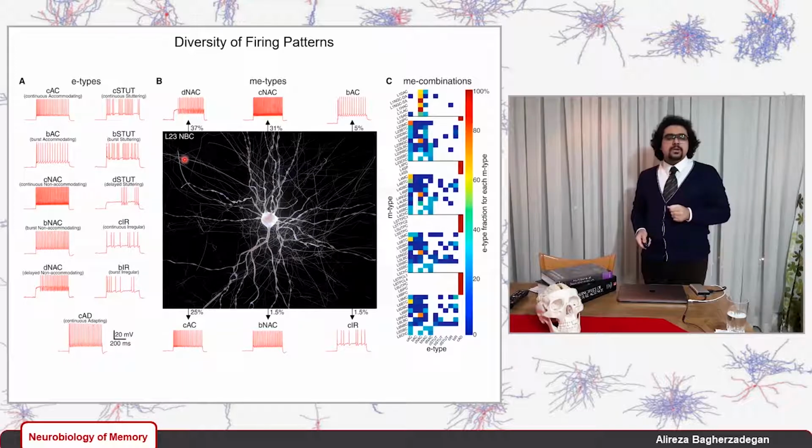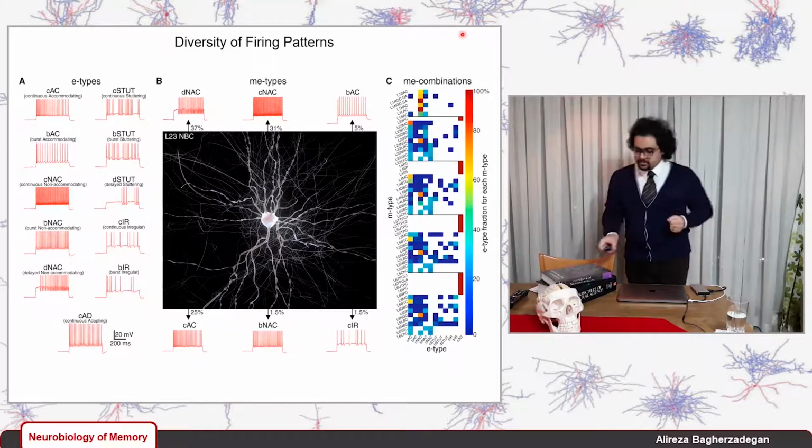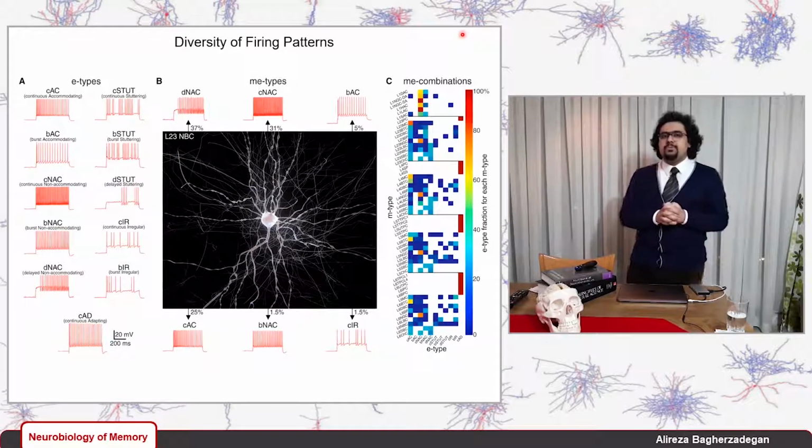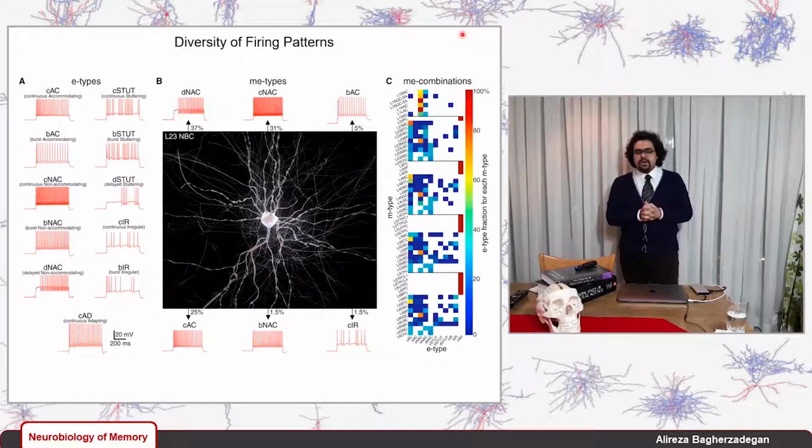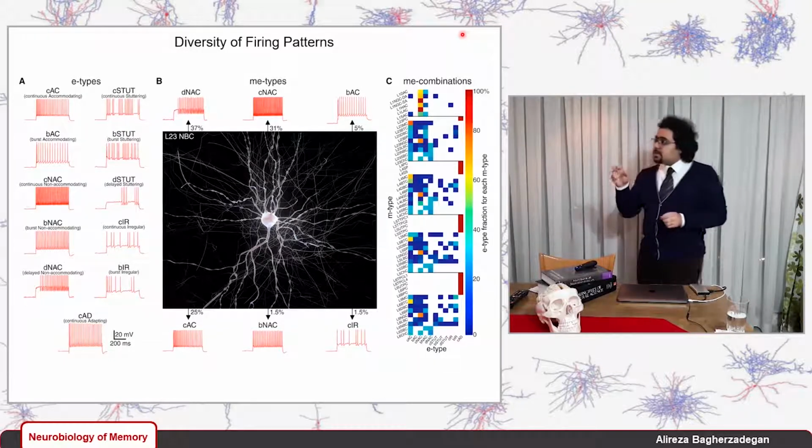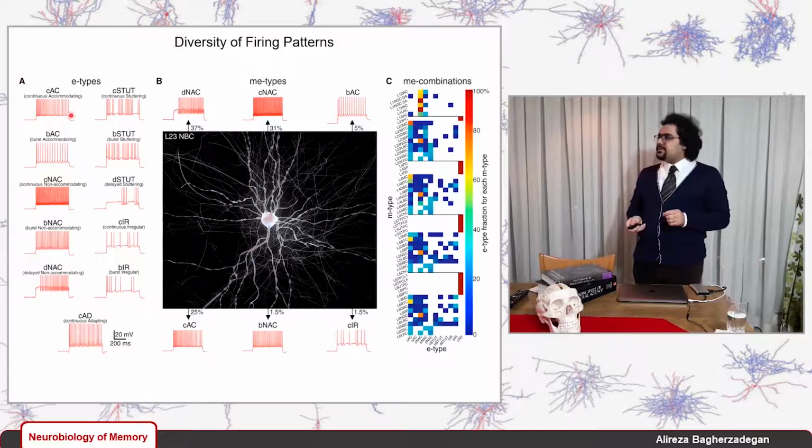This is yet another figure from the same paper published by Professor Henry Markram and his team in 2015. They use different terminology. For example, they use continuous for the regular kind of firing.